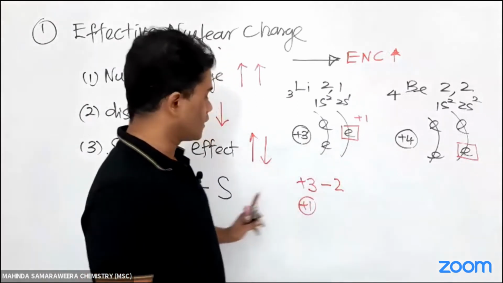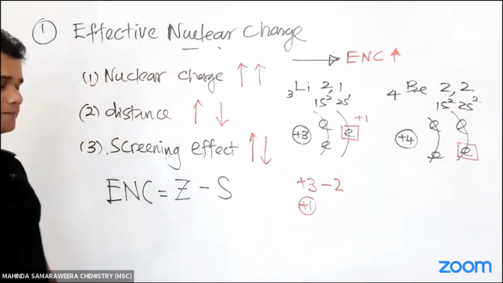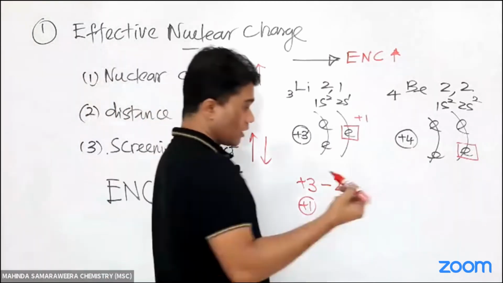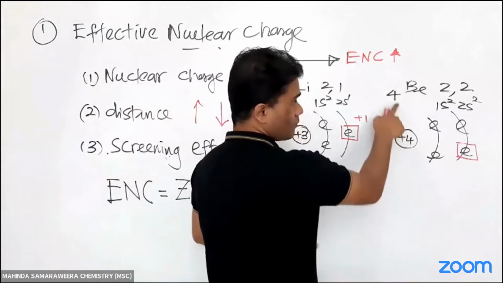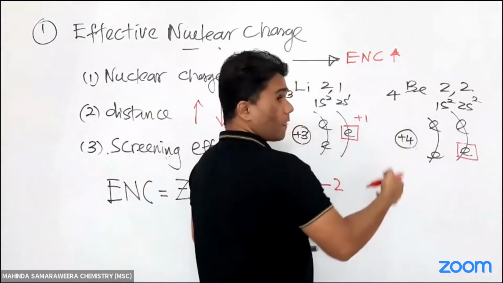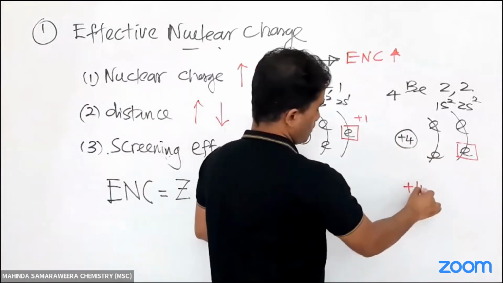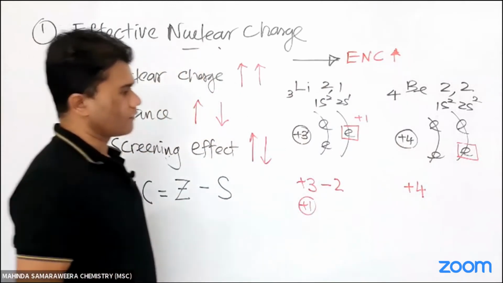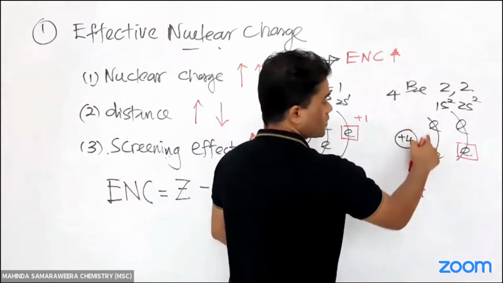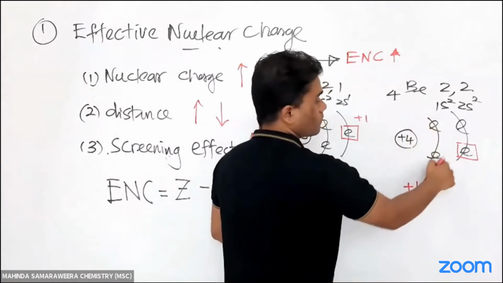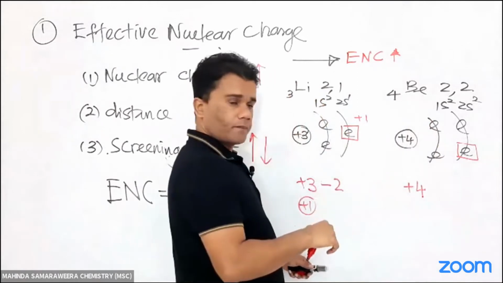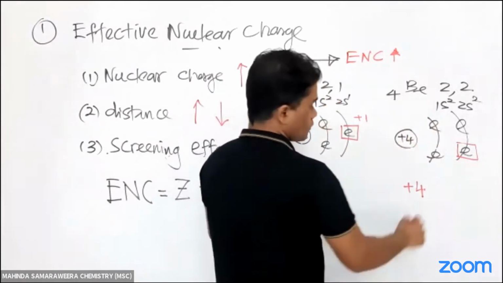We can assume that's the true nuclear attraction felt by this electron. Then apply that equation to beryllium. What do we get? Z is the atomic nuclear charge. That means atomic number 4, 4 protons. Therefore, you get +4 nuclear charge. Then the screening effect. Here I told you screening effect is because of the electrons in the inner energy level only, right? So those electrons can screen the nucleus.